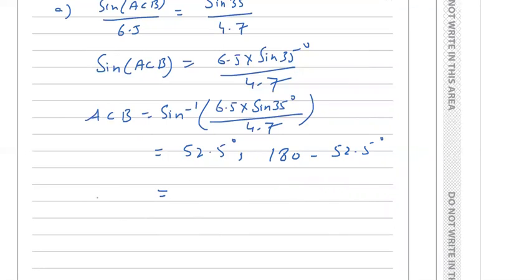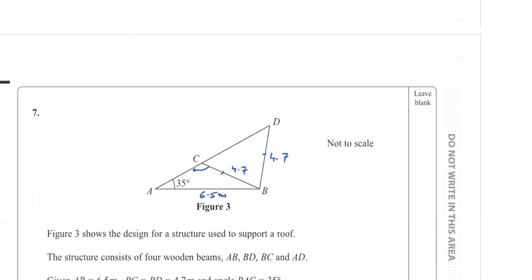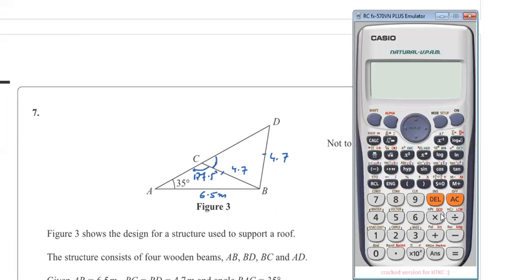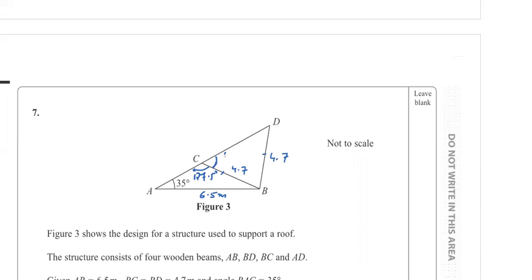So angle ACB in that case will be 127.5 degrees. Now, if this angle is 127.5 degrees, then this angle will be 180 minus this angle, which makes 52.5. So this angle is 52.5 degrees.